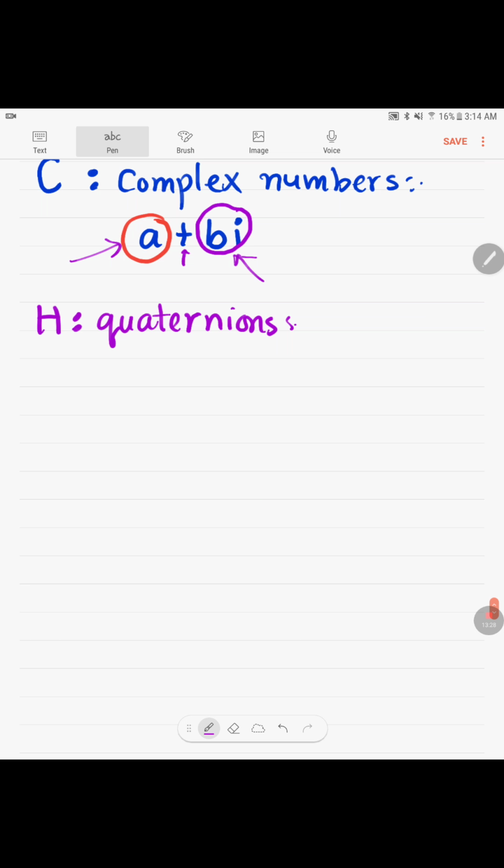Now it extends this concept to include numbers that could be represented as a real, plus a complex, plus another complex number, plus another complex number.